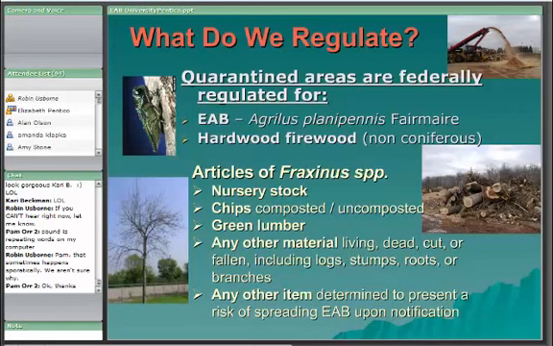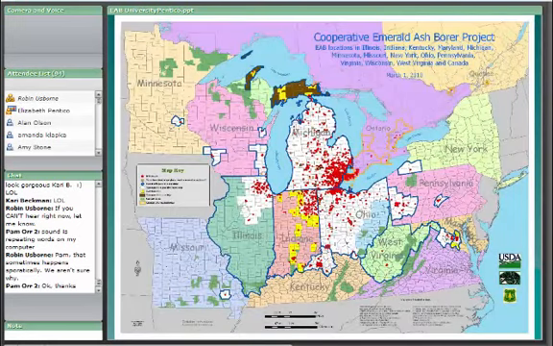So these articles cannot be moved out of the regulated area without either treatment, mitigation, or some kind of certification from a regulatory agency. This is a March 1, 2010 map, which shows the current regulated area.